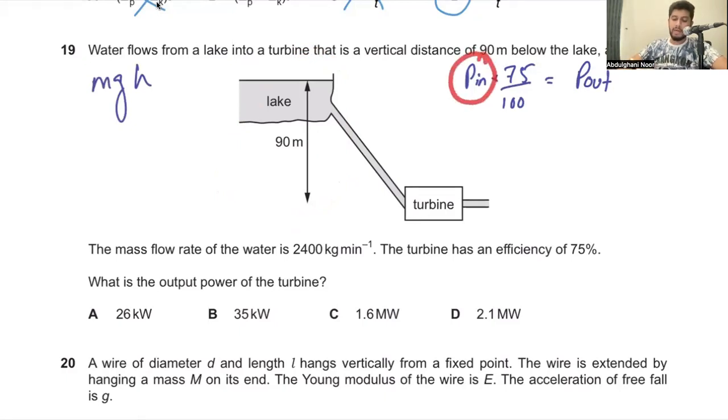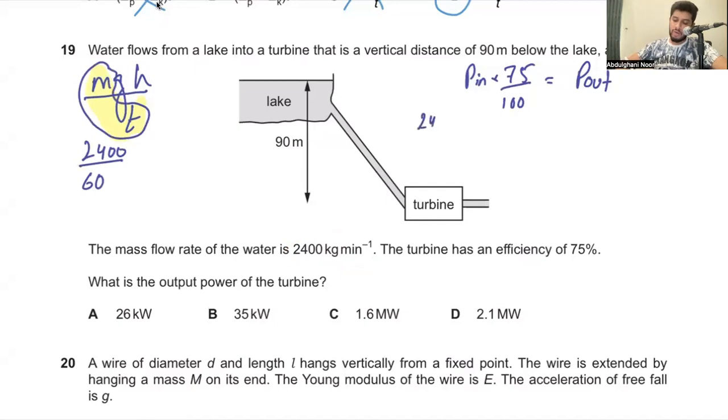Because we are talking about power, power is mgh upon t, and they have given you mass upon time. They have told you that in 1 minute there is 2400 kg. So to find it for 1 second, you'll have to divide this by 60, 2400 upon 60. So you are given the mass per unit time.